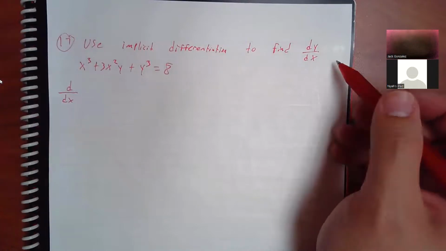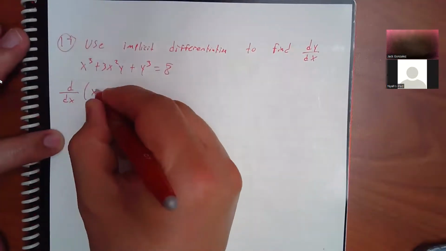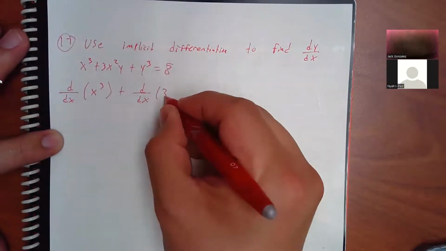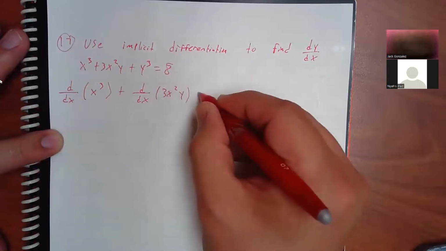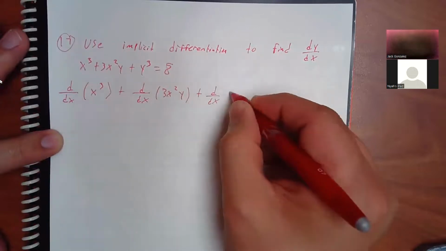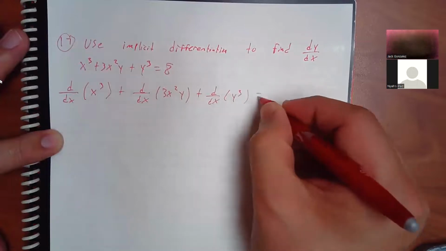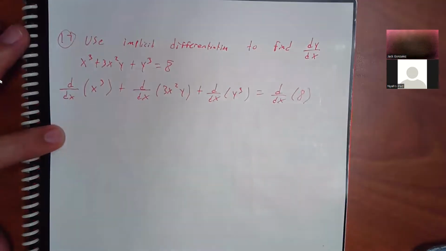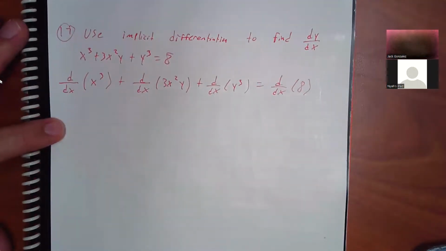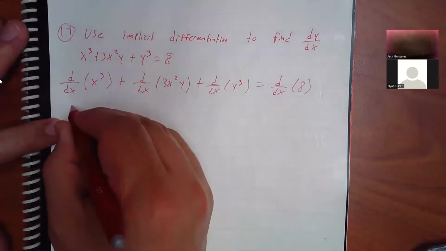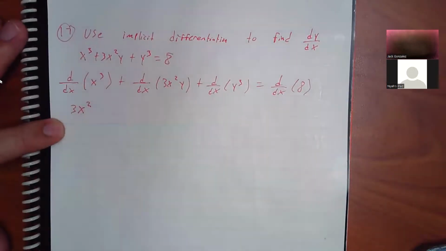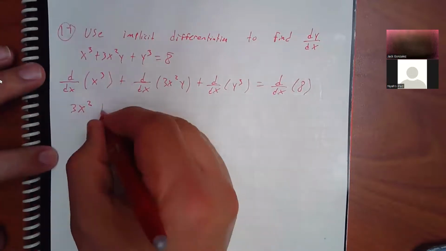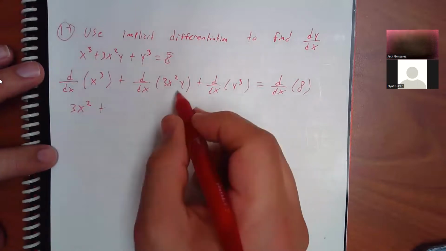So d/dx of every single term. Derivative of x squared, no big deal. With respect to x, so no implicit nonsense. Over here we have a product rule that will contain an implicit piece.